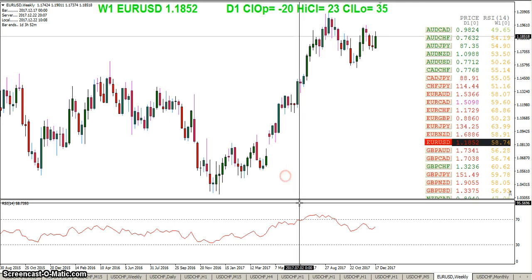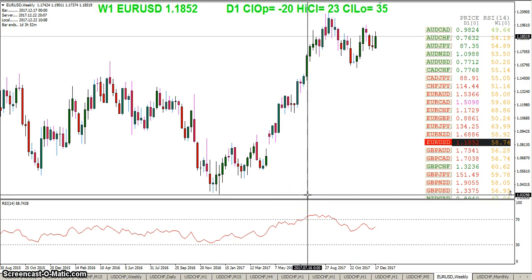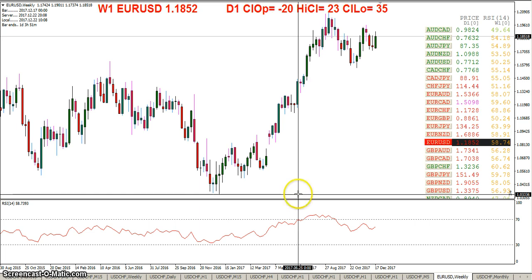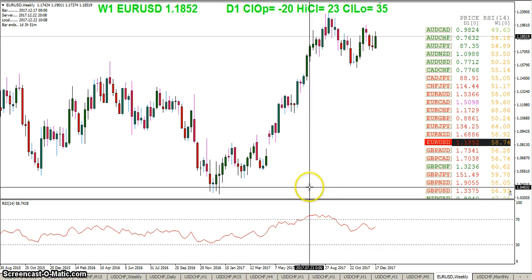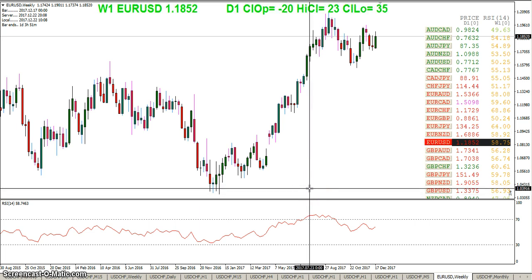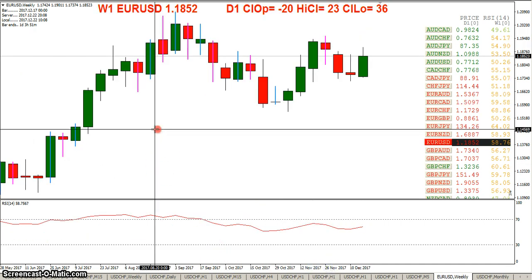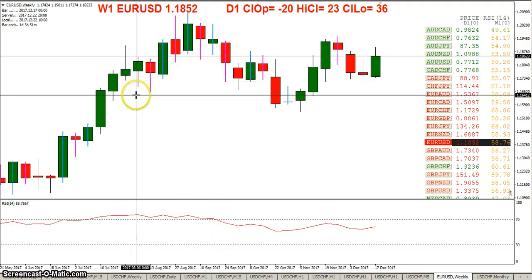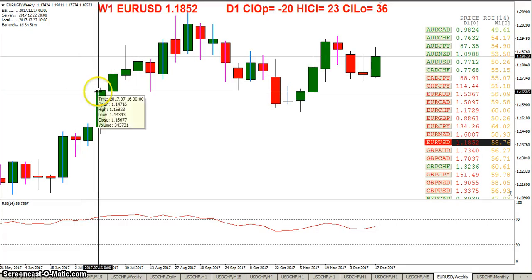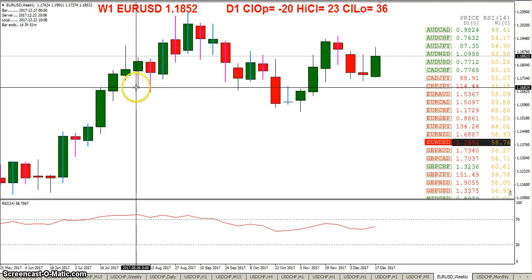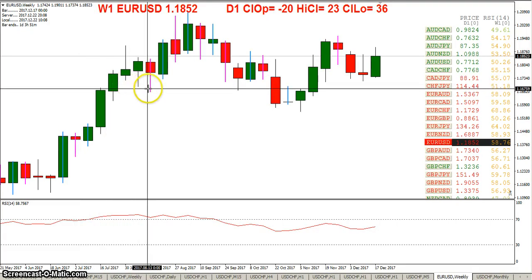So you can see right here, you're getting in the oversold territory. And if you would say, hey, it's oversold, I'll sell, well, you can see you would have taken quite a lot of heat, especially here on the weekly chart. Okay? So you could have been really hurt there.